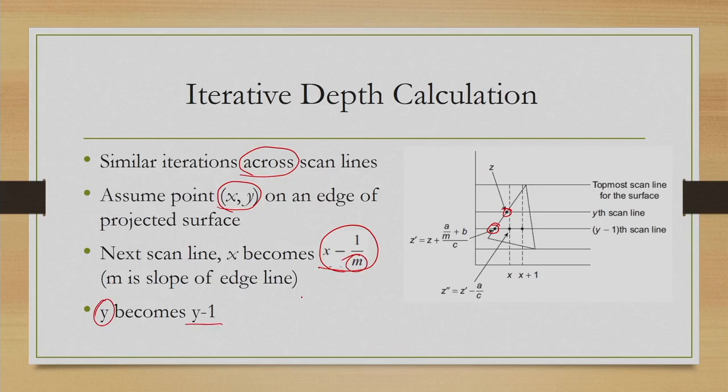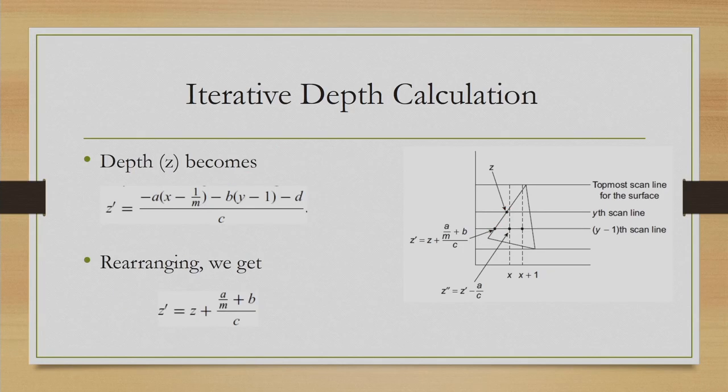M is the slope of the edge line. Then we can compute new depth at this new point as shown here, and if we expand and rearrange, what we will get?